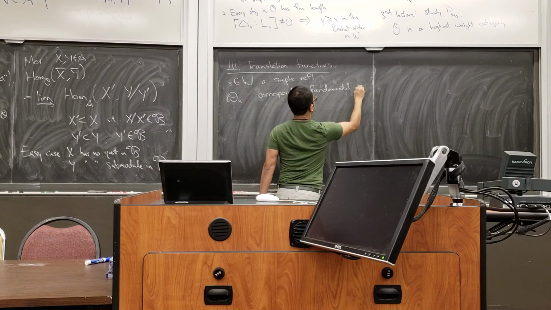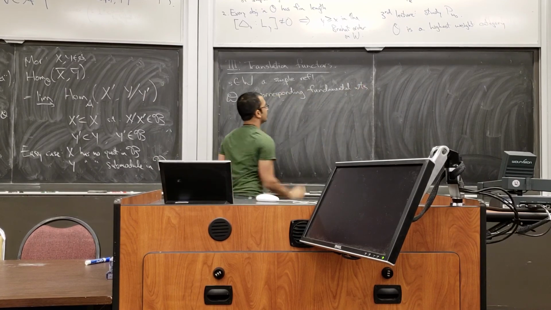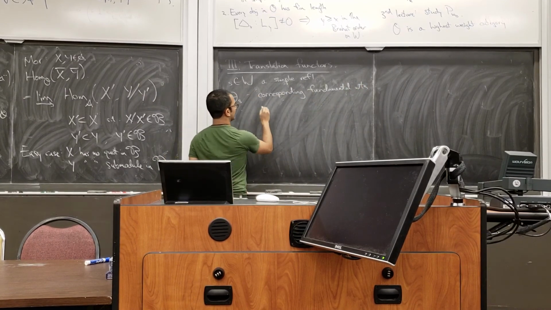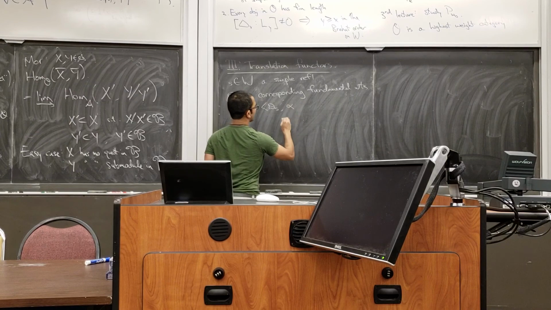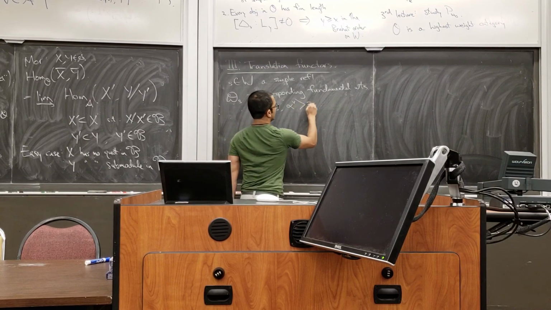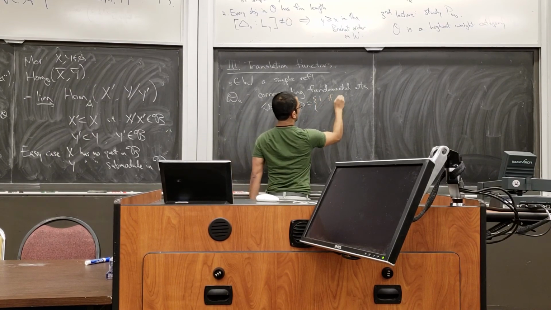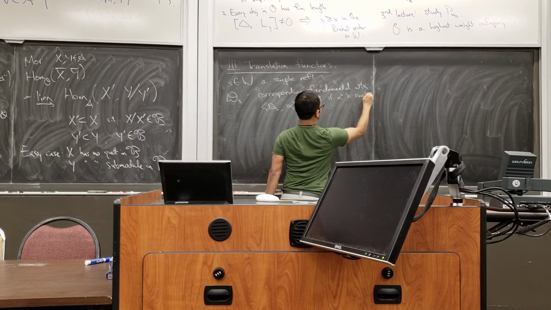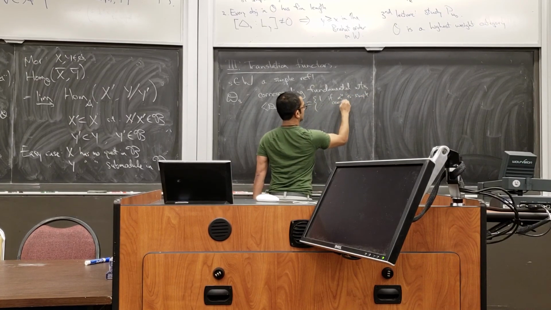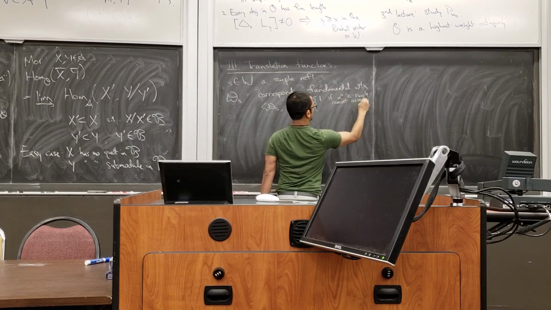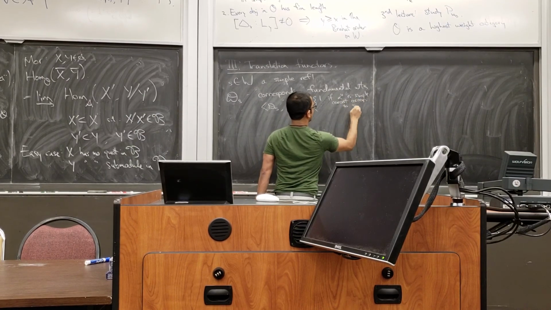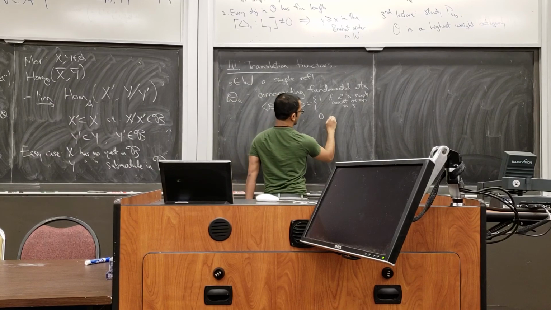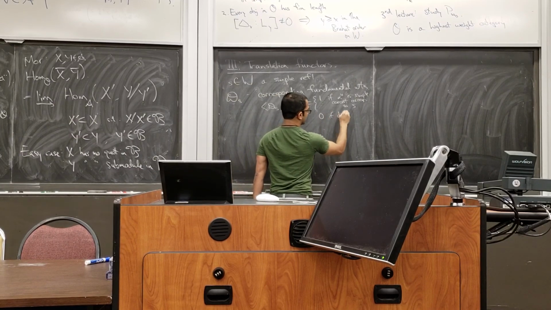In other words, this is a dominant weight which is characterized by the property that pi s paired with alpha check equals 1 if alpha check is the simple co-root corresponding to s, and 0 if it's a different simple co-root.